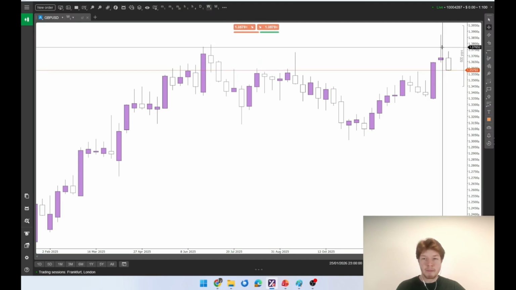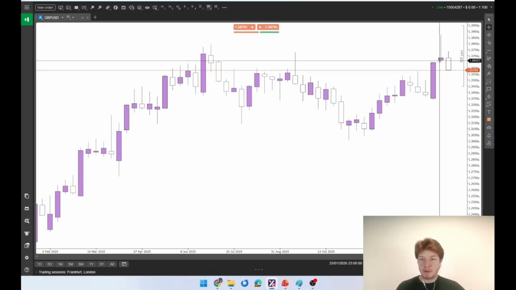Price is coming back down, and as all of these breakout traders are getting offside, so their position is in loss, they are closing their long positions, and to close a long position you have to create the opposite order. So if I have a long position open and I want to close that position, I need to sell.